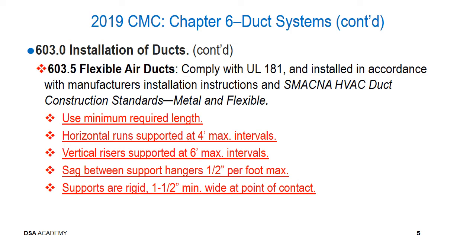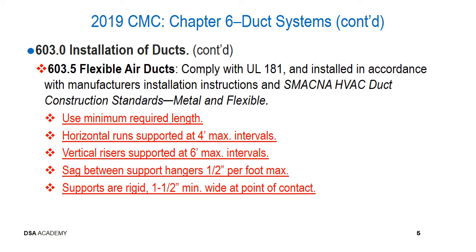For flexible ducting, the contractor is required to use the minimum required length. Horizontal runs of flexible ducting must be supported at 4-foot maximum intervals. Vertical risers of flexible ductwork are required to be supported at 6-foot maximum intervals.